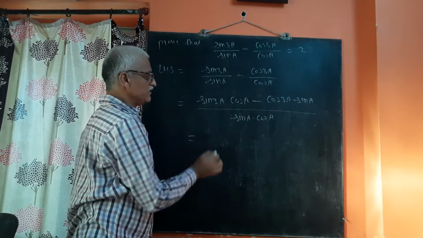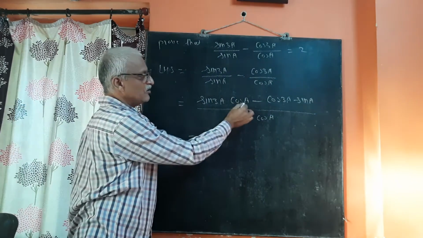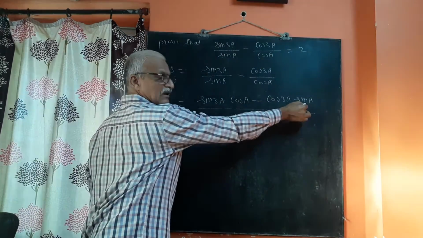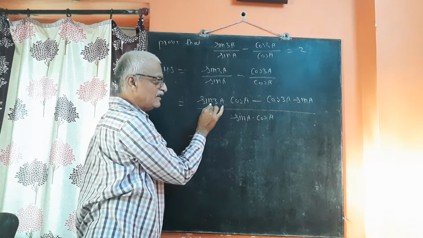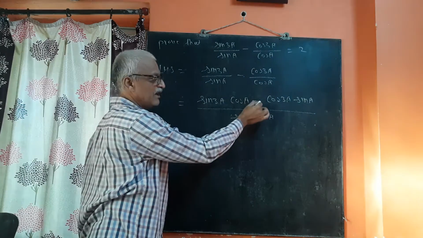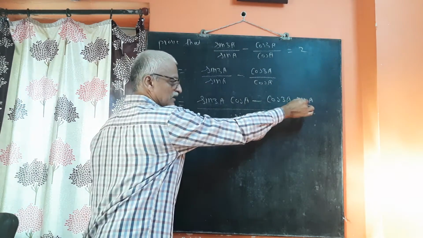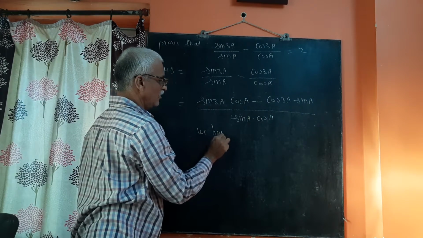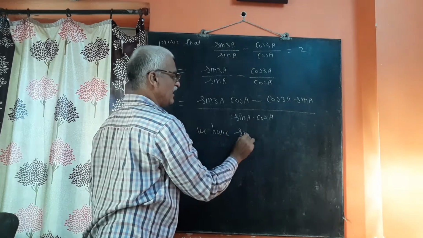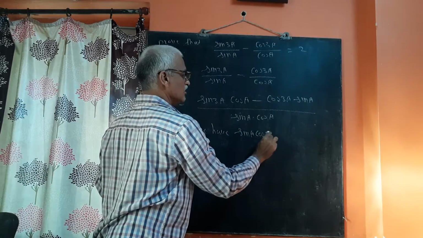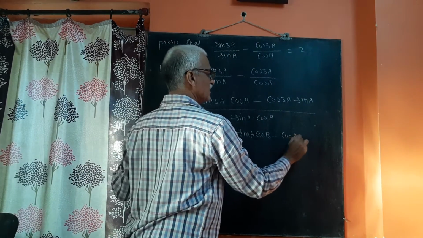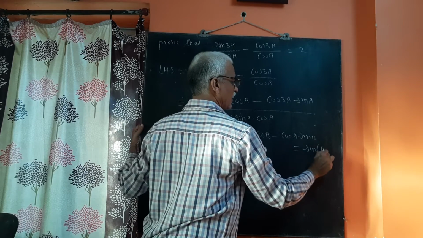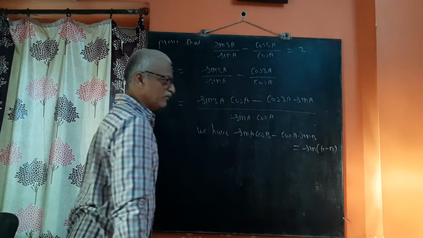So here it is equal to sin 3a cos a minus cos 3a sin a. This is in the form of sin a cos b minus cos a sin b. We know that sin a cos b minus cos a sin b is equal to sin of a minus b, that is the compound angle formula.